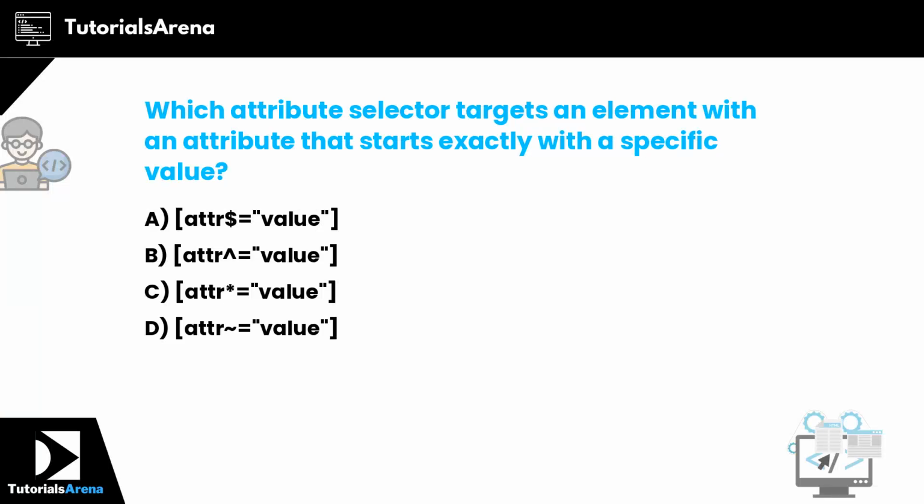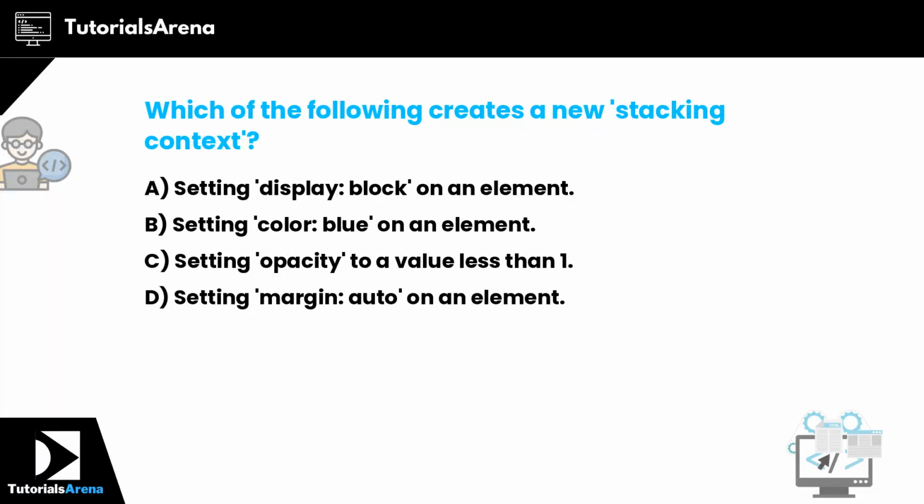Which attribute selector targets an element with an attribute that starts exactly with a specific value? The correct answer is option B, [attr=value]. Which of the following creates a new stacking context?